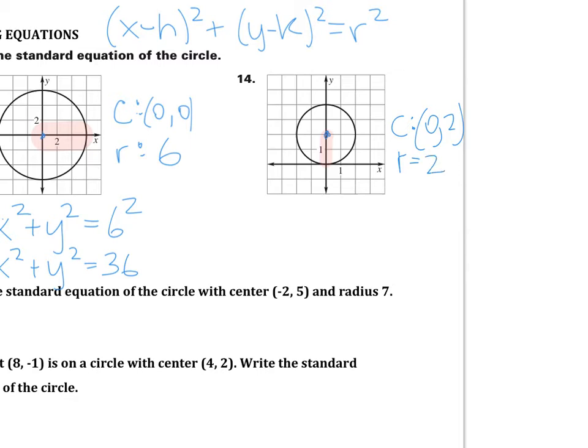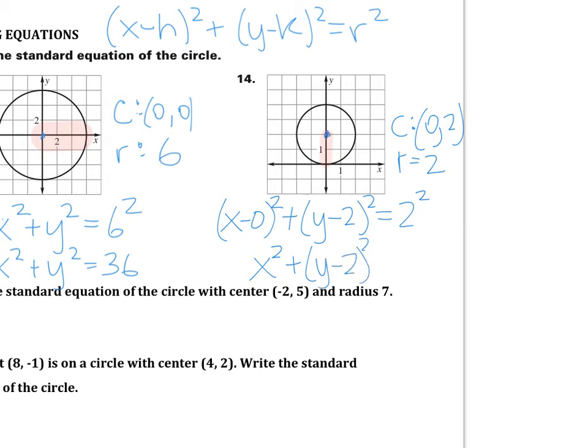So x minus 0 quantity squared plus y minus k equals r squared. And then you just simplify that. You do not have to expand your binomials. Just leave them in the squared form.